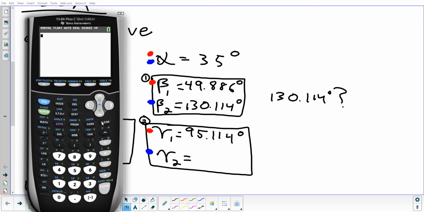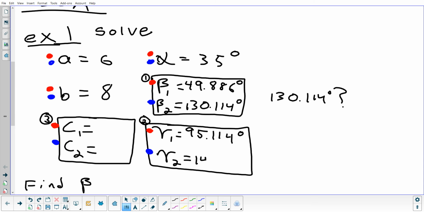The 35, that's a blue angle, and the beta 2, that's the other blue angle. Those are going to add up to 165.114. So subtract that from 180. 180 minus 165.114 gives me 14.886.